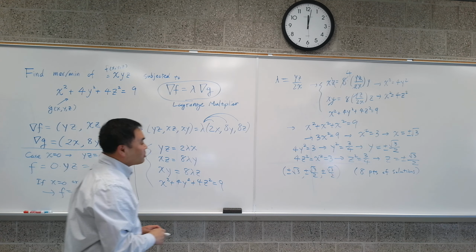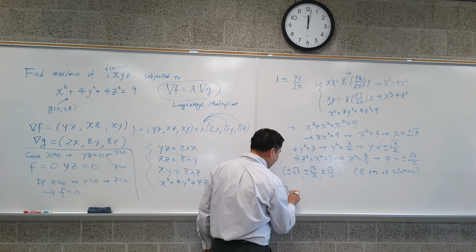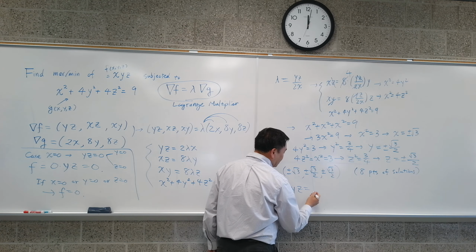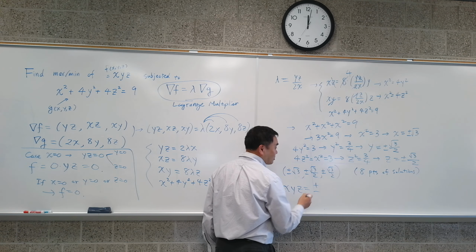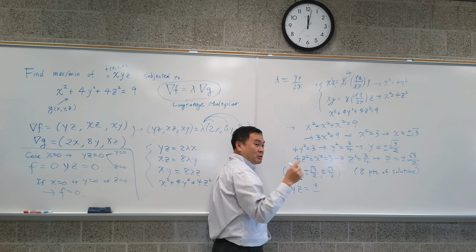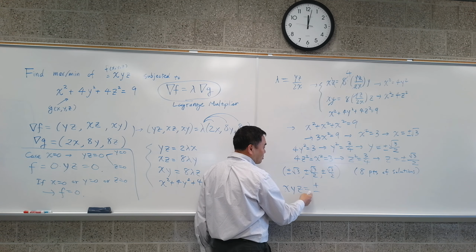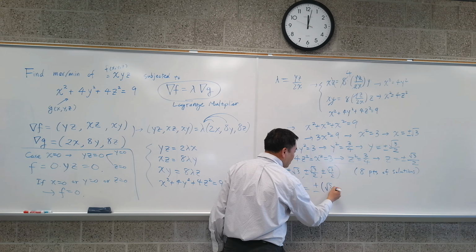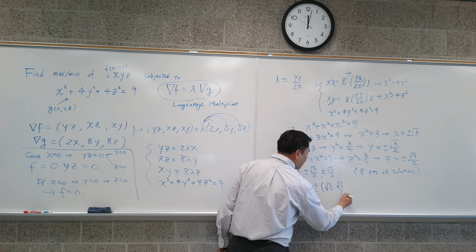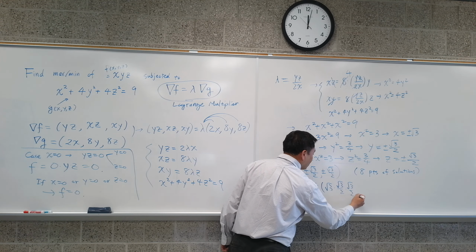But in all of these cases, when you multiply them, x times y times z is going to be either plus or minus, because if all of them are plus, it'll be plus. If you have an odd number of minuses, then you're going to get a minus, otherwise it will be plus. So it's either plus or minus with square root of 3 times square root of 3 over 2 times square root of 3 over 2.